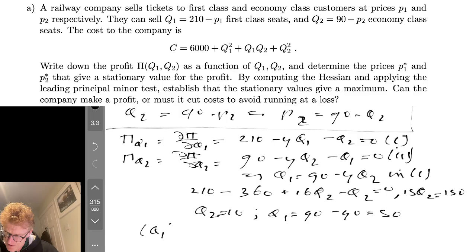So Q1 star comma Q2 star is 10 comma 50.